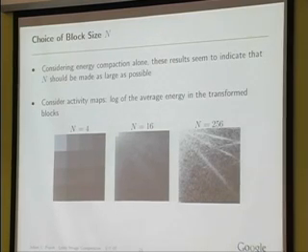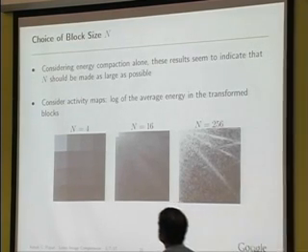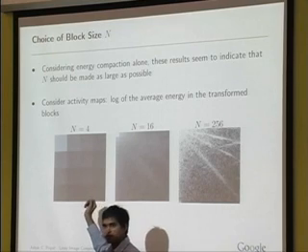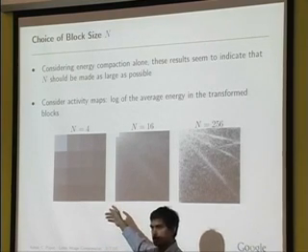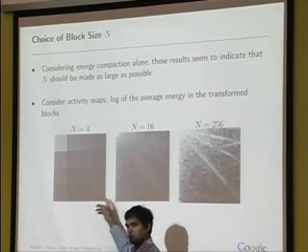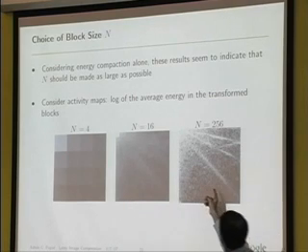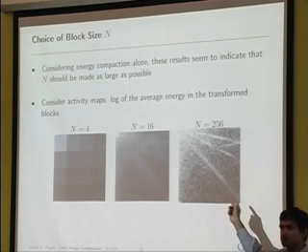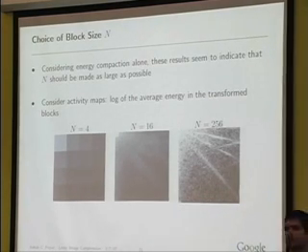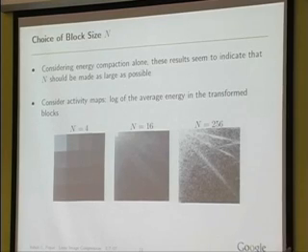So the reason I put this up is to indicate that there is some statistical regularity or predictability in the distribution of energy that you get when you have smaller block sizes that you don't quite have when you have n equals 256. So remember this experiment. Let's say we actually want to design a coder where I'm skimming off the top k coefficients and sending those to the decoder.